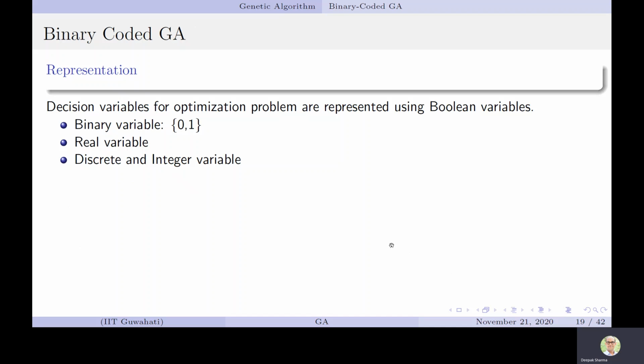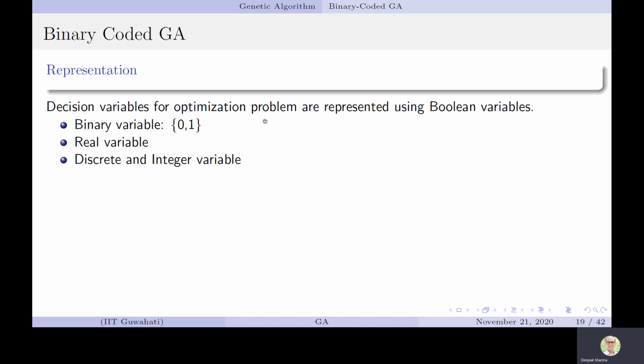With this introduction to genetic algorithm, let us understand how binary coded GA works. Here I will be following the algorithmic representation. The first step in the algorithm was representation, meaning we are going to represent our solution using a binary string.